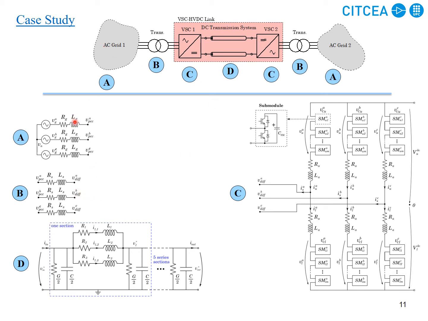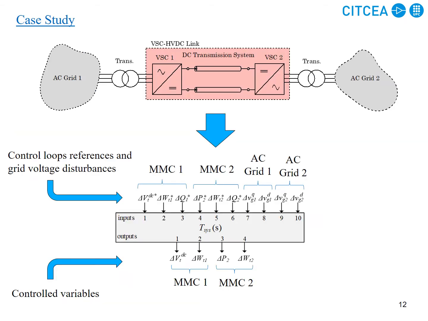The grid has a Thevenin equivalent system, both of them, and the DC transmission system is a model of the DC cable. Writing state space equations of all these elements and connecting them together based on the inputs and outputs, we can find an overall linear model of the system.